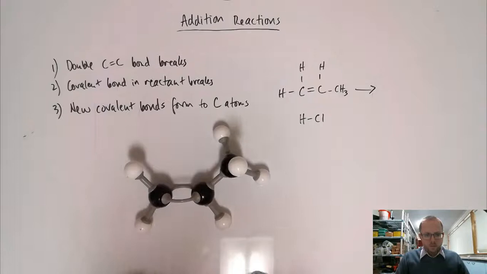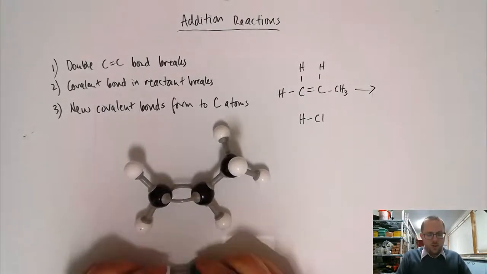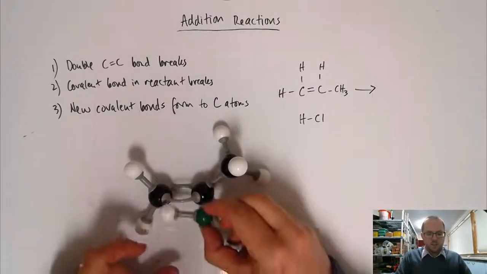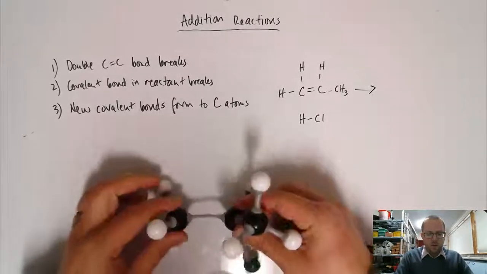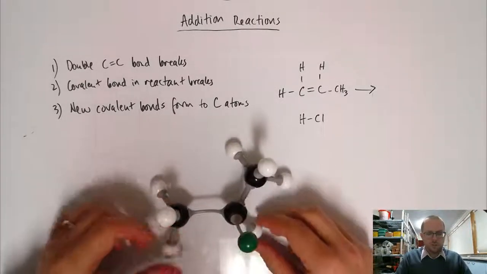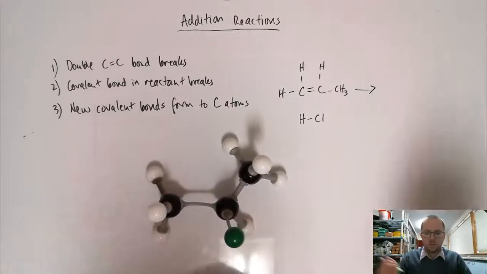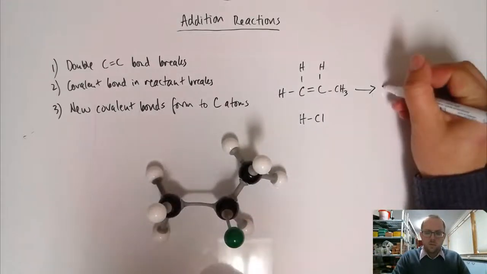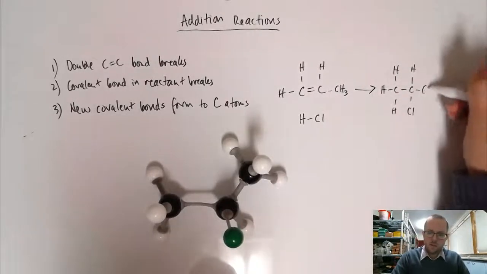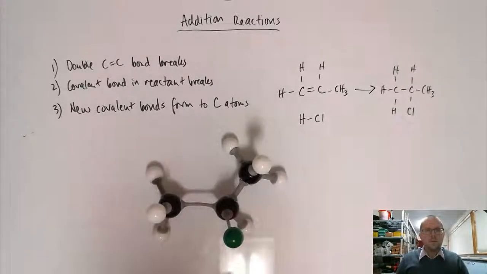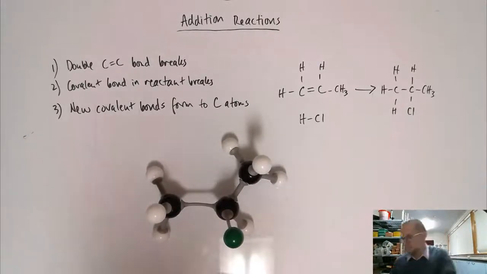In this one I can do it here, and it can connect onto here, and I'll show you how that goes. So here we go. I've made my substance here, trying to see if you can get the 3D structure going on. Okay, and so it looks like this. So what I have here is that I now have 2-chloropropane.